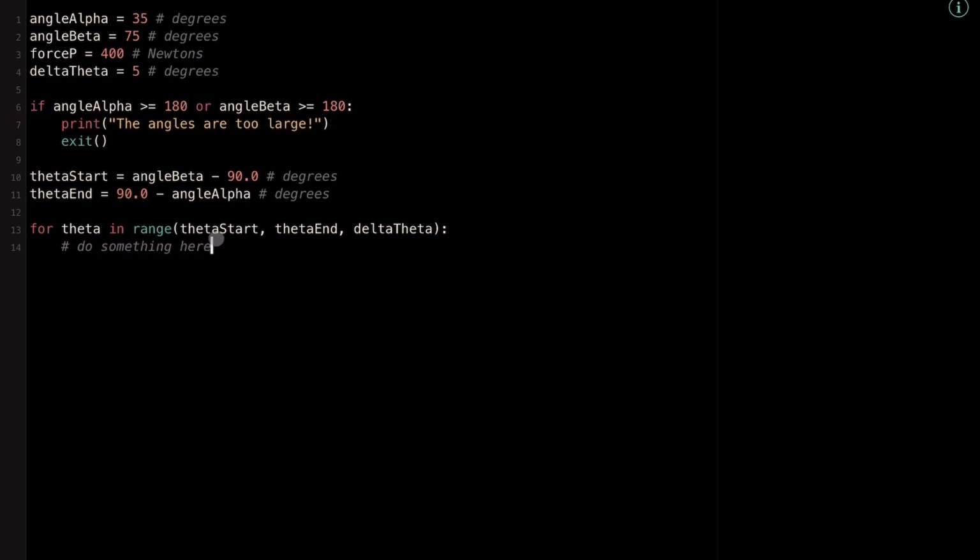So again, we are looping from theta start to theta end in increments of delta theta. For every iteration of that loop, we are going to have a different theta value. Theta is going to start from theta start, and then it's going to change by a value of delta theta for every iteration of this loop.